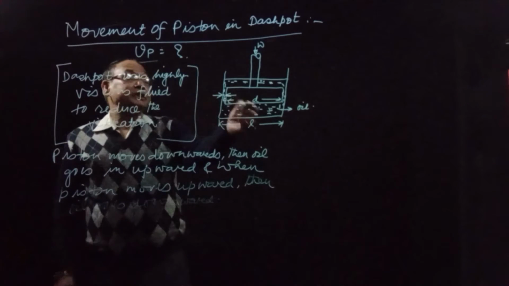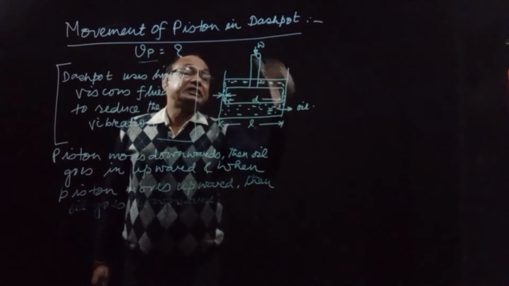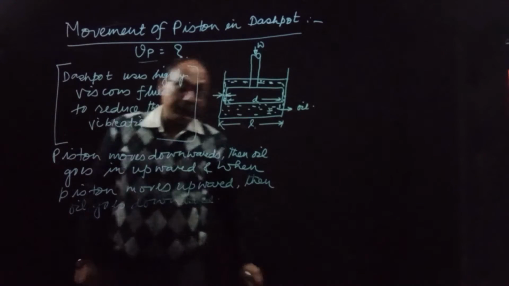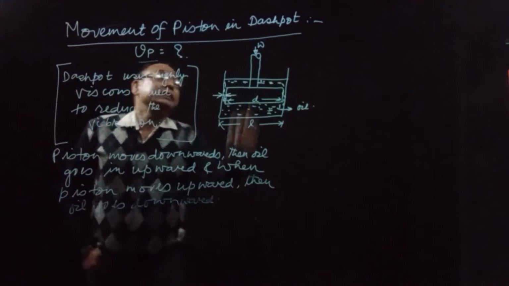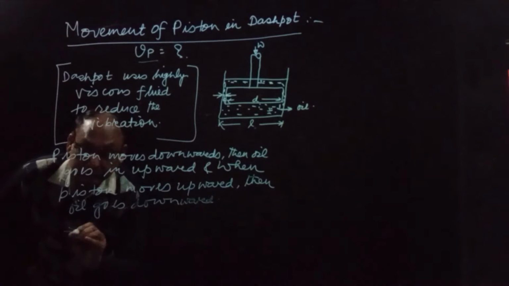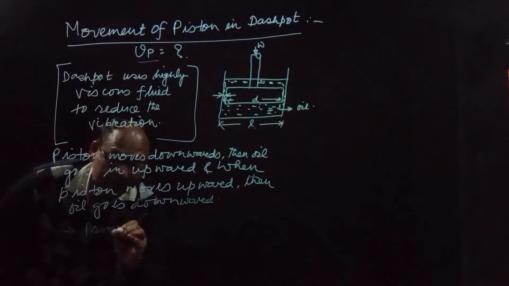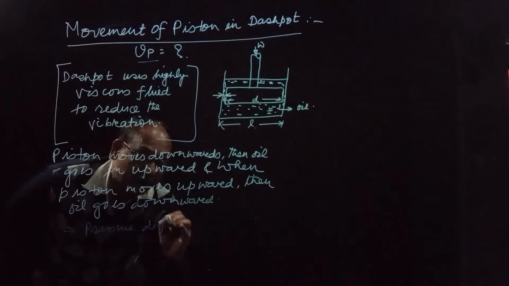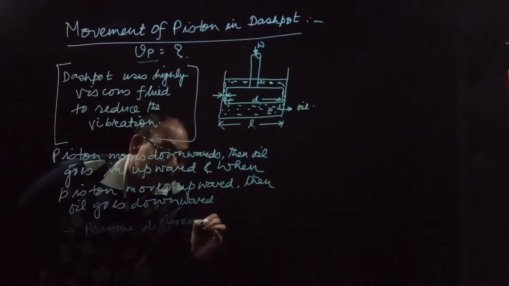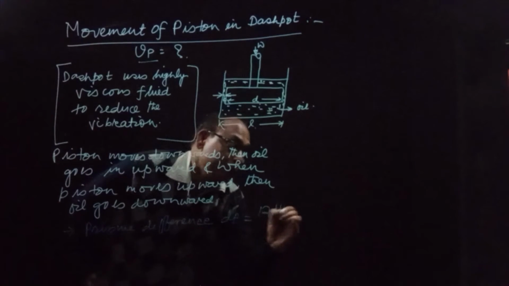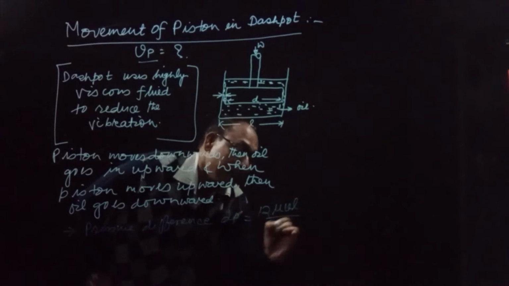Now this piston will have to overcome the frictional resistance created by the oil. We know the pressure difference delta P is equal to 12 mu V L by B square.